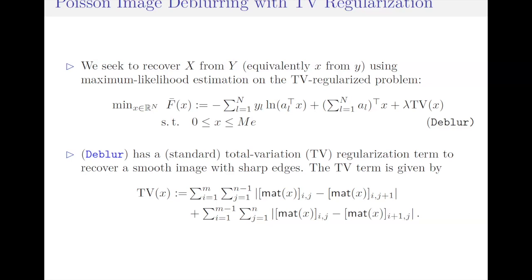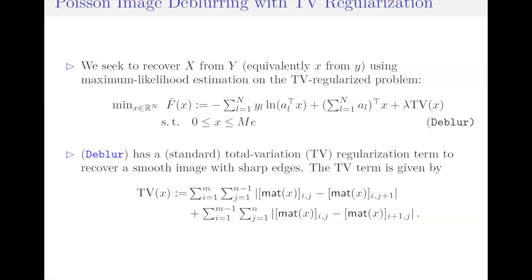And this TV function, total variation function, is a very famous function to encourage the smoothness of the recovered images. So it is quite frequently used in the image processing community. And here, for the purpose of our exposition, we have already vectorized this image to a vector, which we are allowed to do, and it doesn't lose generality.